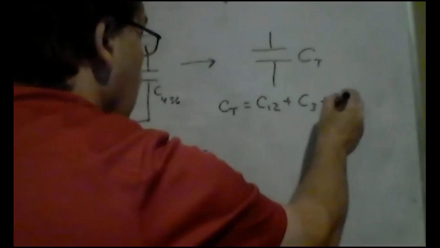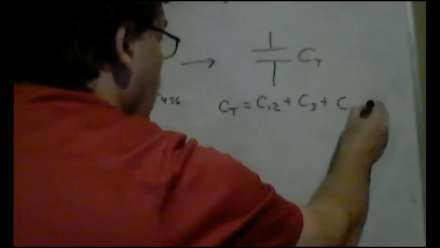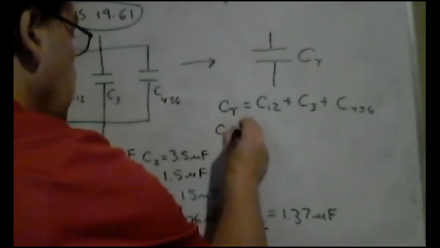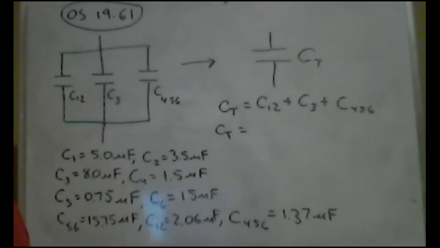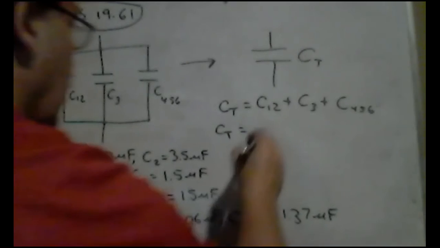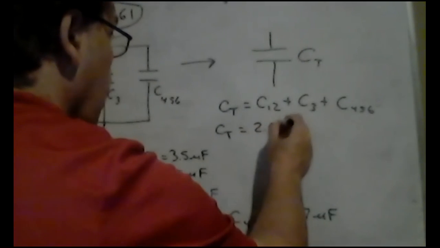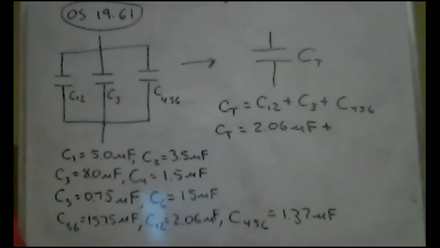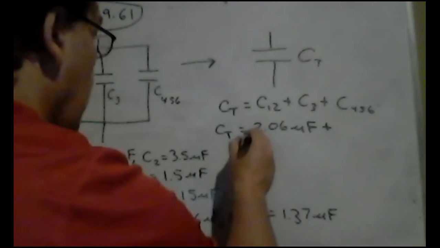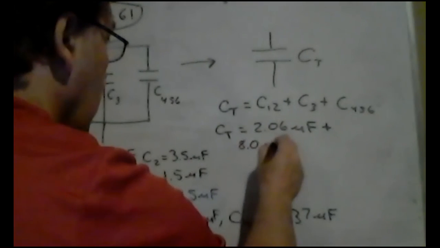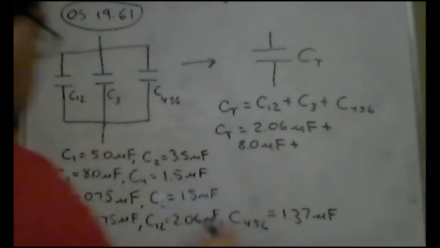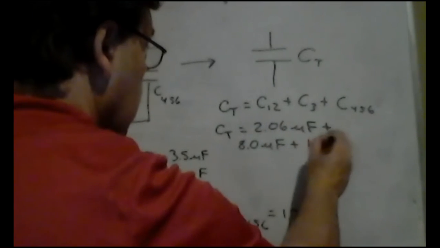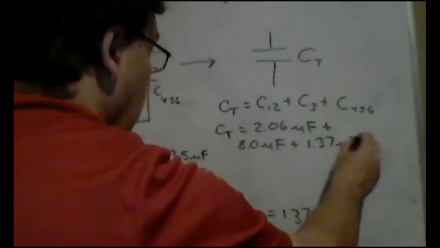What I'm now going to get is one simple capacitor that represents everything that I originally had. So now what I have left in this process is just 3 capacitors that are in parallel, and of course that adds up very easily. So in parallel, C total is nothing more than C12 plus C3 plus C456. Finally, C total is my C12, 2.06 microfarads, plus my C3, 8.0 microfarads, plus my C456, 1.37 microfarads. It's literally adding up these 3 numbers.